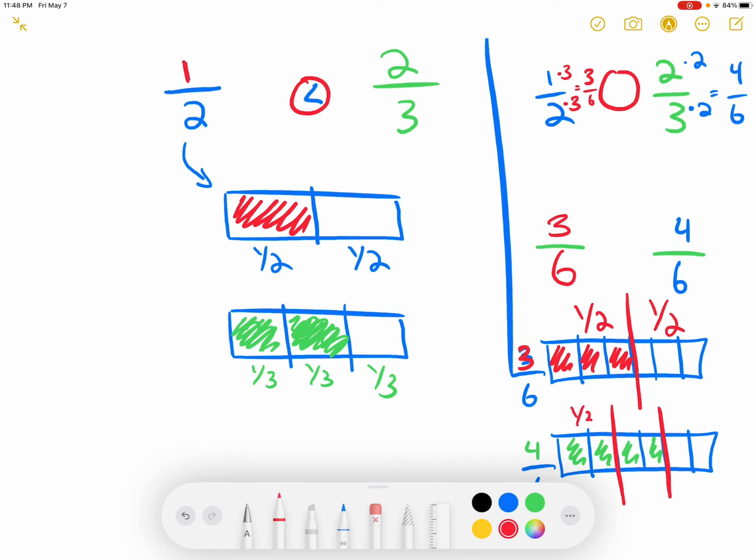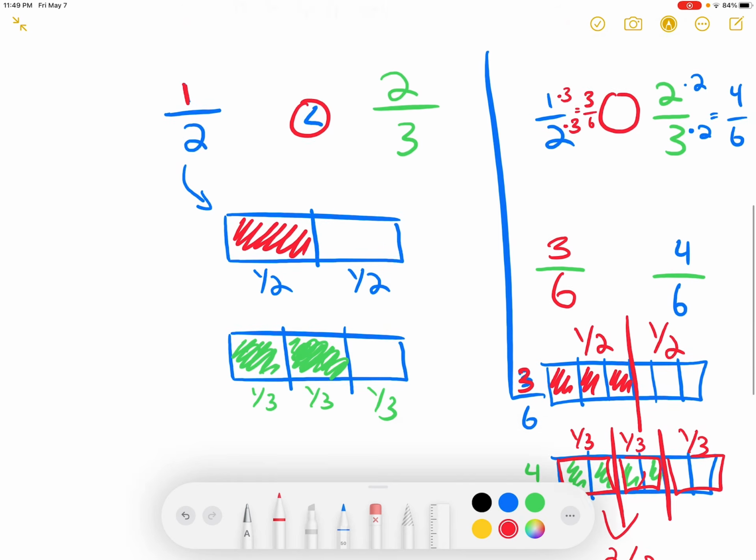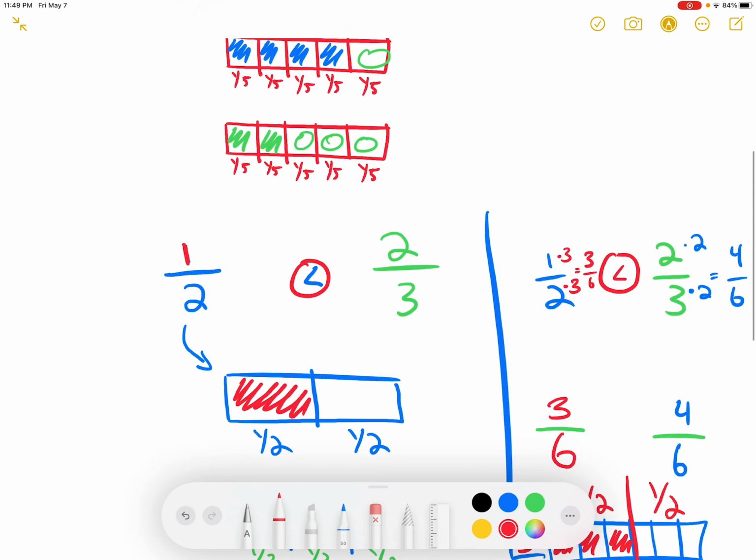Watch. This is 1/3. This is 2/3. This is 3/3. Do you see that? That's 1/3, 2/3, 3/3. And so it becomes very clear that these 2/3 right here are greater than this 1/2.